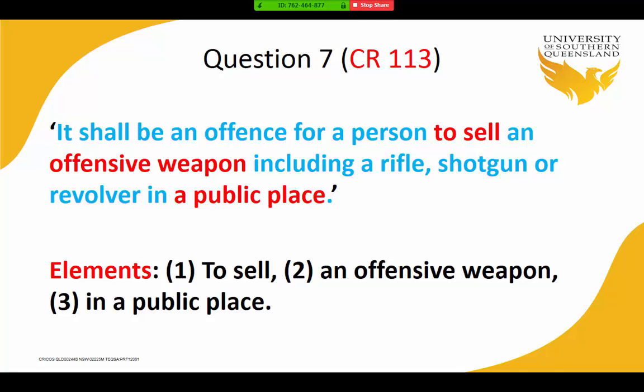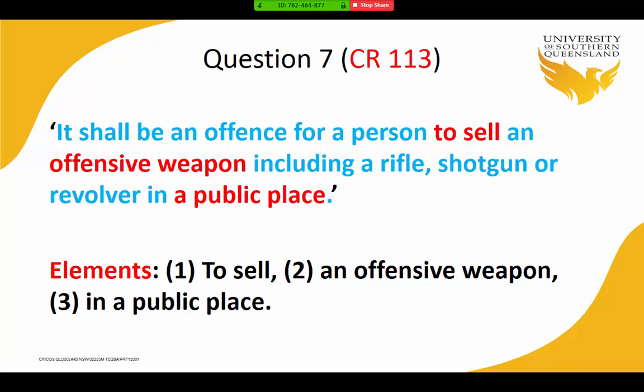What is the problem for you based on this language? It's not really stated if knives are included as an offensive weapon. Yes? But when we talked about rifle, shotgun, or revolver, what did we say? We said including. Yep. Is that a problem for us?